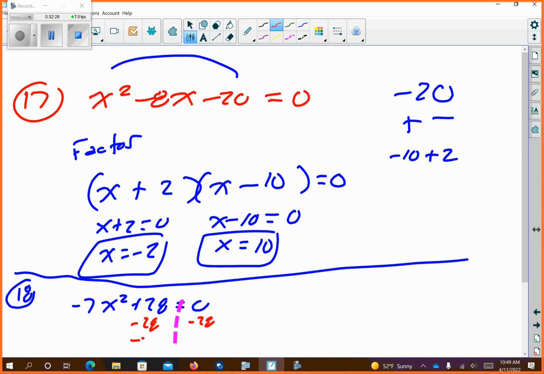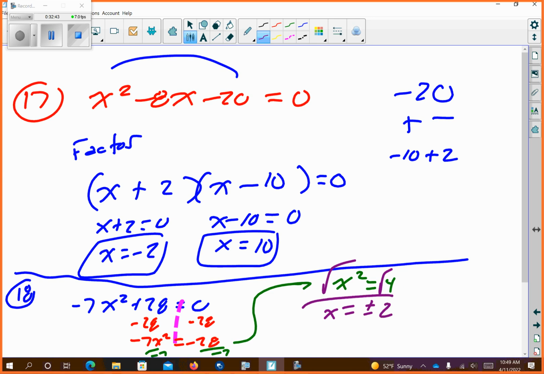So you get negative 7x squared equals negative 28. Divide by negative 7, divide by negative 7. So I get x squared equals 4. Root, don't forget the plus or minus. There's my answer.